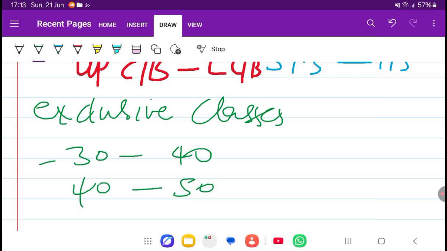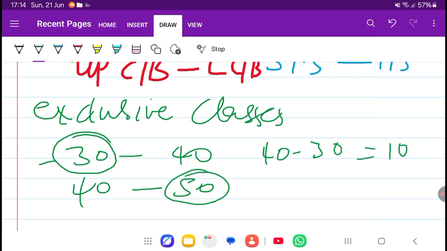So for this one, this 30 will be a class limit, and at the same time it will be a class boundary, so we just take the difference. So it will be 40 minus 30, which gives you 10. Then if we go this side minus this, it will be 50 minus 40, also gives you 10.